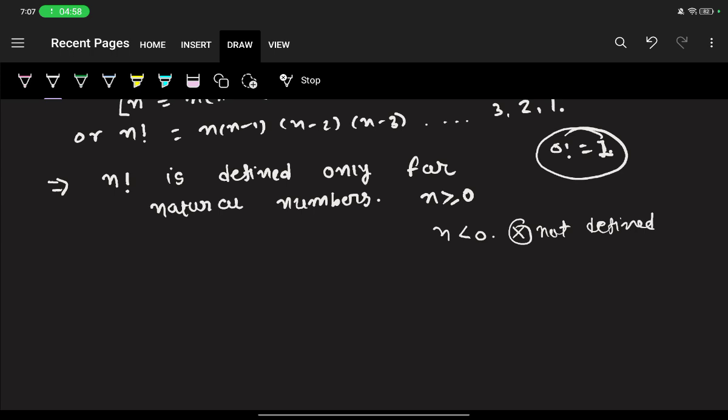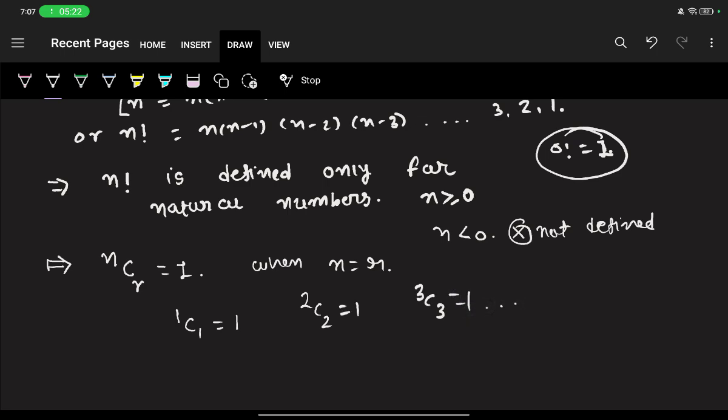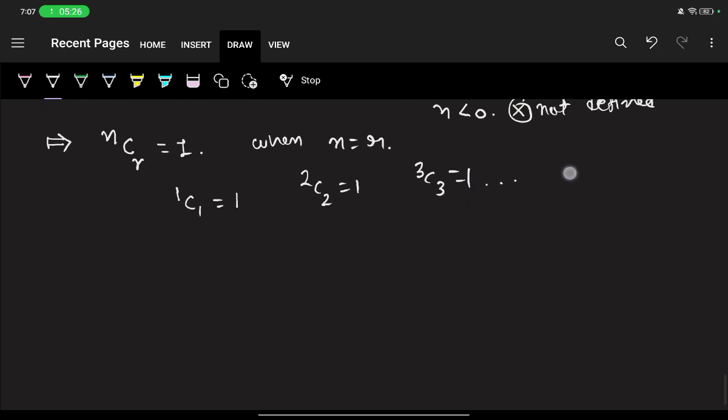Now, what do you mean by nCr? nCr is 1 when n is equal to r. For example, 1C1 is 1, 2C2 is 1, 3C3 is 1, that way. So what is this C?